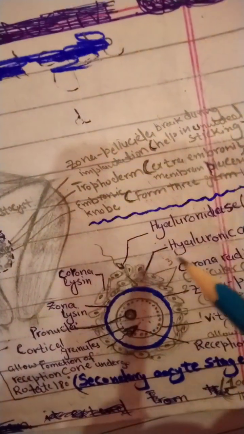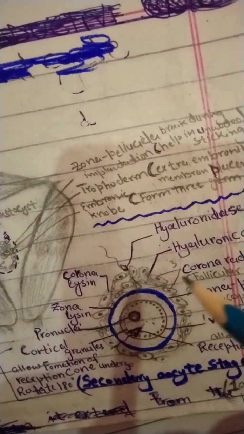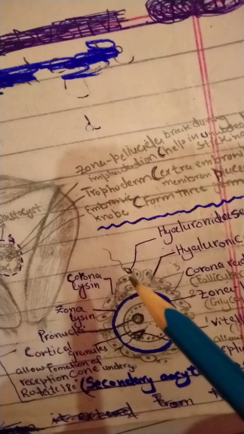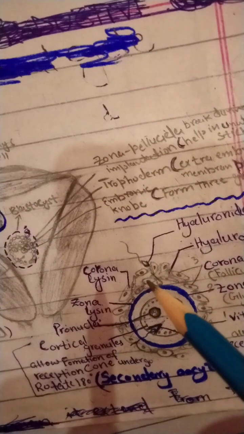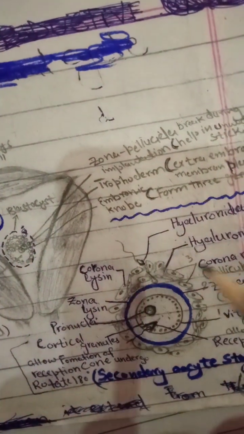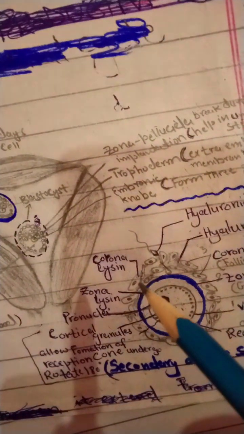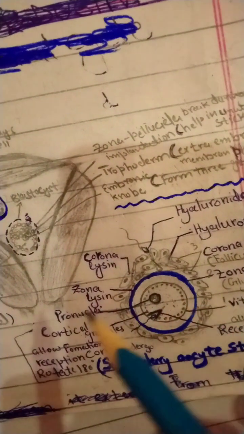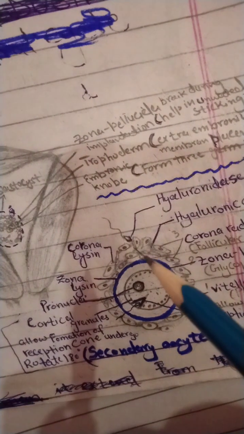Due to the dissolving of the hyaluronic acid, the follicular cells separate from each other and make a path for the sperm. The corona radiata releases corona lysin enzyme that breaks the follicular cells, and the zona pellucida releases zona lysin enzyme that dissolves the zona pellucida membrane.